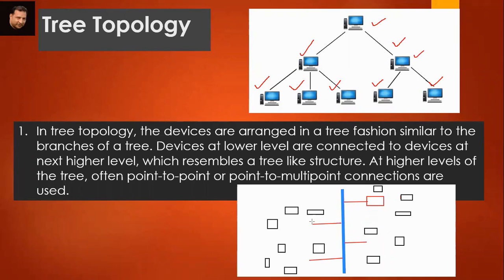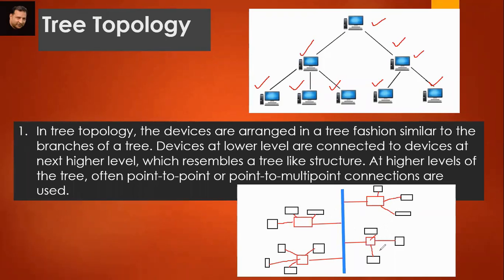And with the red color I am showing you a hub or switch. Now I am going to connect these with wires. This gets connected with this. These are 3 nodes. There we have 4 nodes. So if you see, this is a combination of star topology and bus topology.